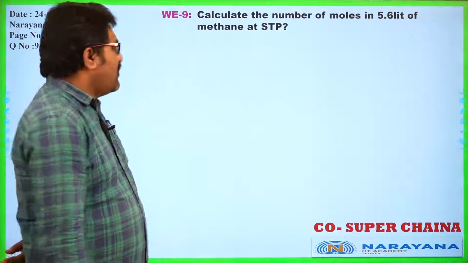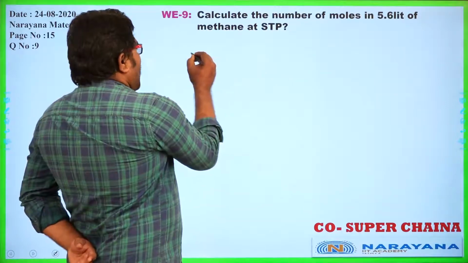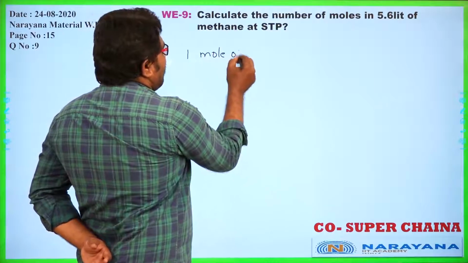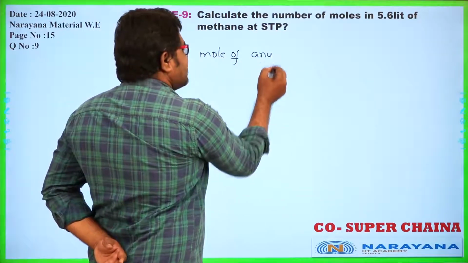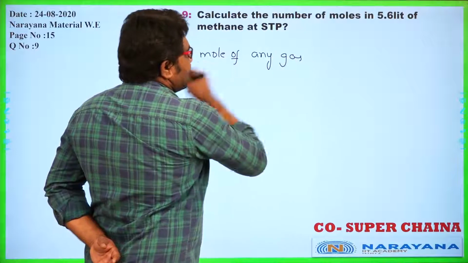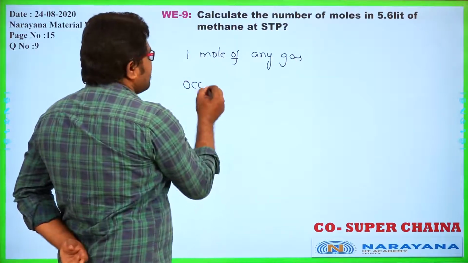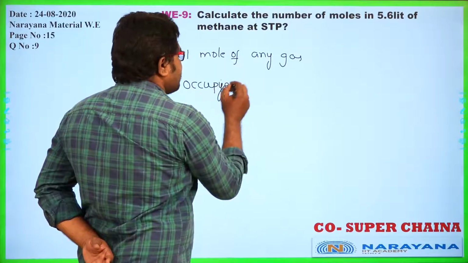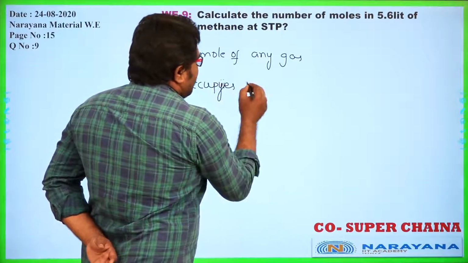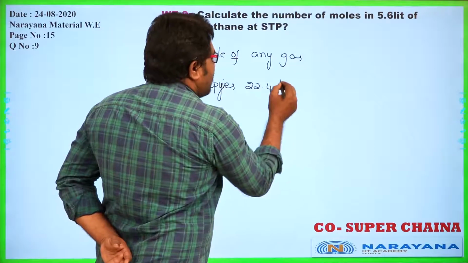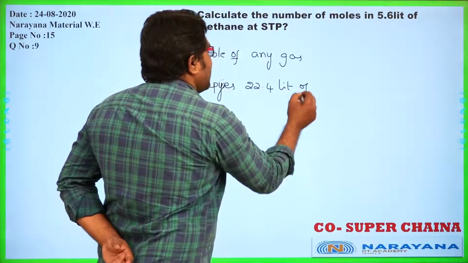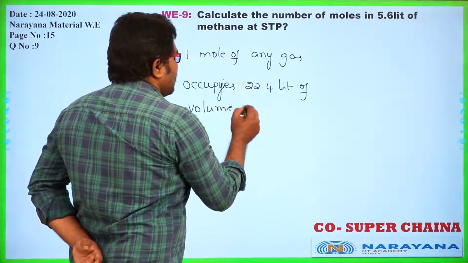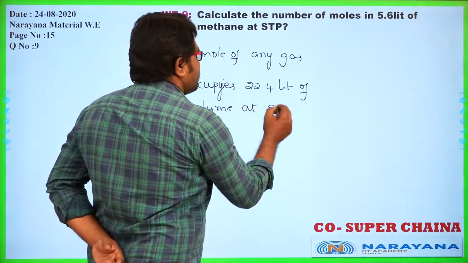Generally, as we know, 1 mole of any gas occupies 22.4 liters of volume at STP.